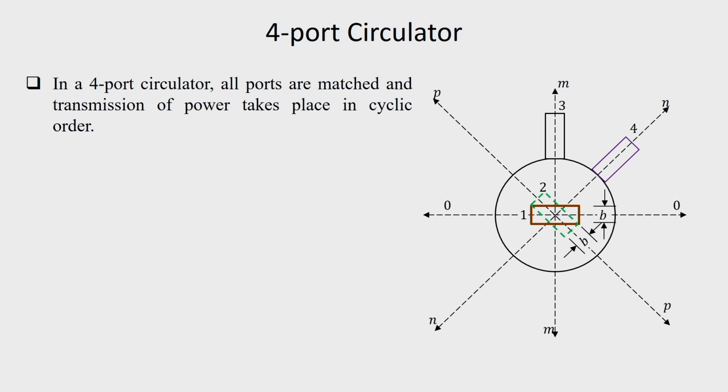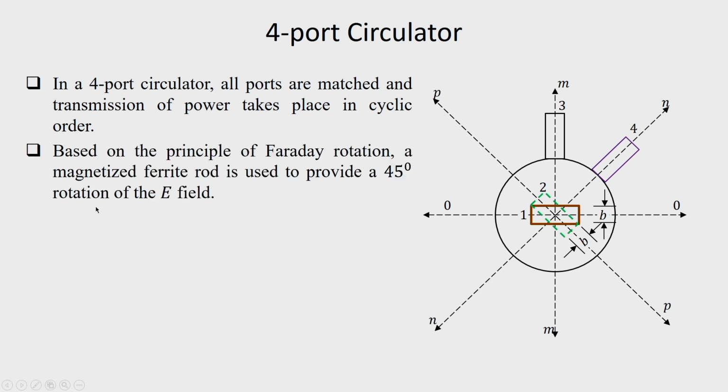In this 4-port circulator all ports are kept matched and transmission of power takes place in cyclic order. That means 1 to 2, 2 to 3, 3 to 4 like that. Based on the principle of Faraday rotation, a magnetized ferrite rod is used to provide a 45° rotation of the electric field.